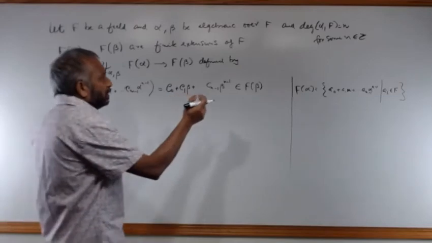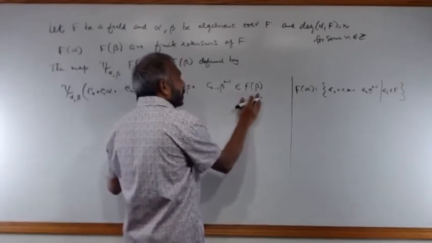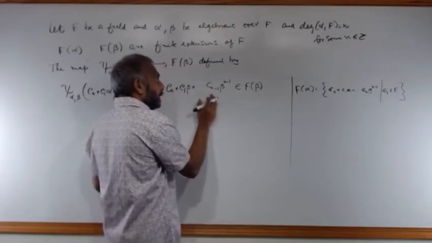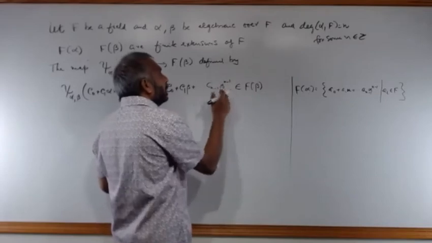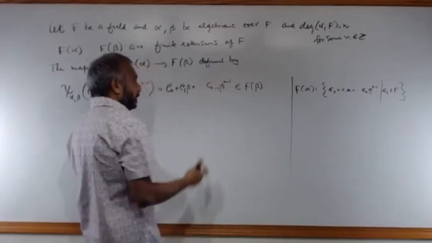We are not sure of the degree of beta, but still it is definitely going to be inside this, because if it is less than this, then you can recompute the beta to the power of n's.